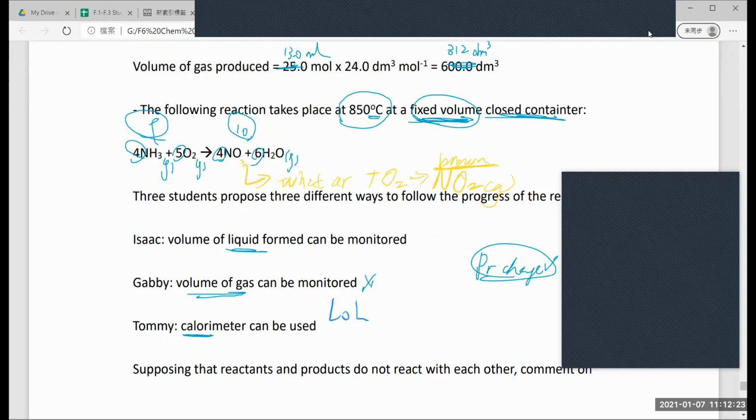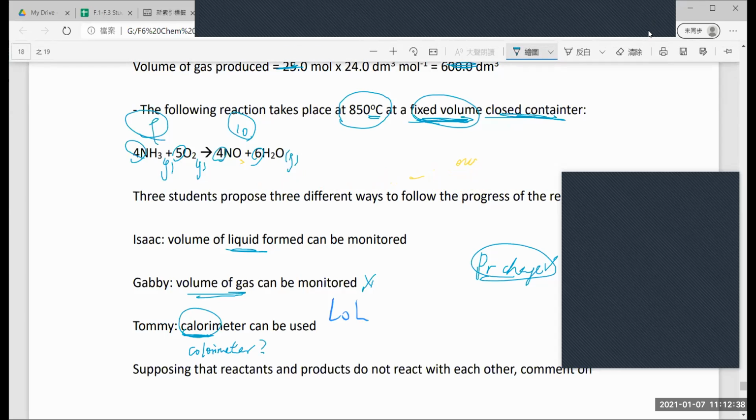Now this, just measuring the temperature change, but is it calorimeter?